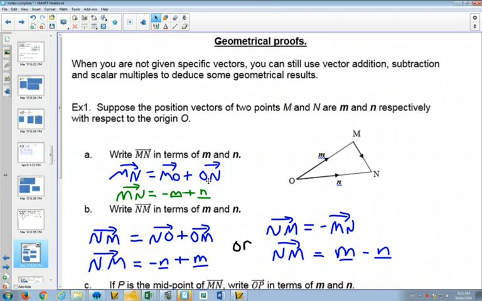So now we're going to add a point P right in the middle of m to n. What is the position vector O to P in terms of m and n? So starting at O, how could we get to P if we're only allowed to walk in these directions?